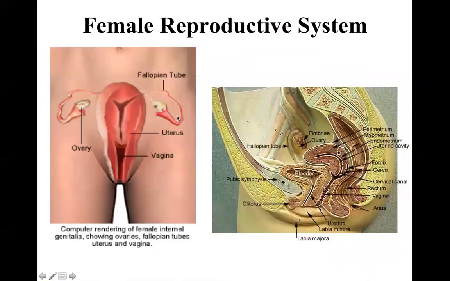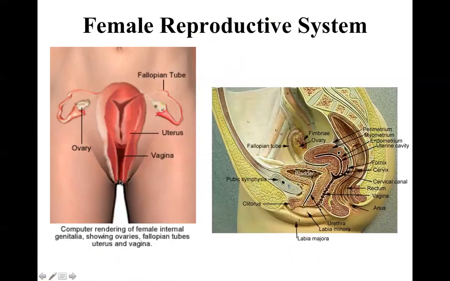Female reproductive system: you have ovaries, then the fallopian tubes, which go to the uterus. The uterus opens up into the vagina, and of course, the ovaries are where the sperm arrives.